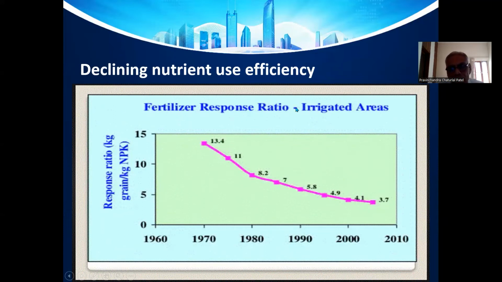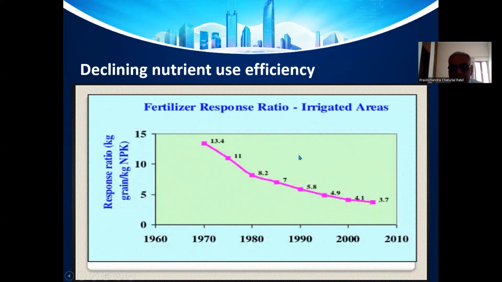So the fertilizer response ratio in irrigated areas is decreasing because we supply heavy doses of chemical fertilizer, pesticide, fungicide, and herbicide. So we have killed the microorganisms, and we have seen in an earlier slide the role of microorganisms in mineralization.